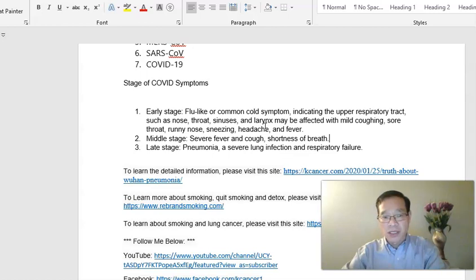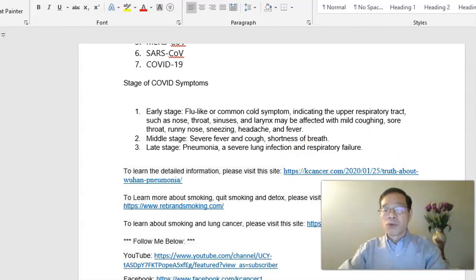That means a sign of pneumonia. As this early sign develops further to the later stage and causes severe lung infection, it will cause respiratory failure, which may cause a very serious outcome. And some people cannot recover from such an illness and die.